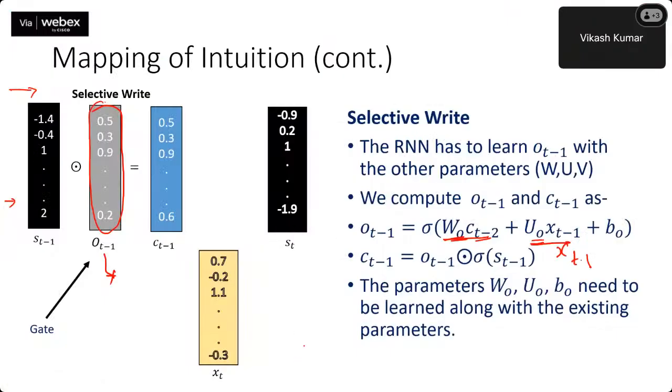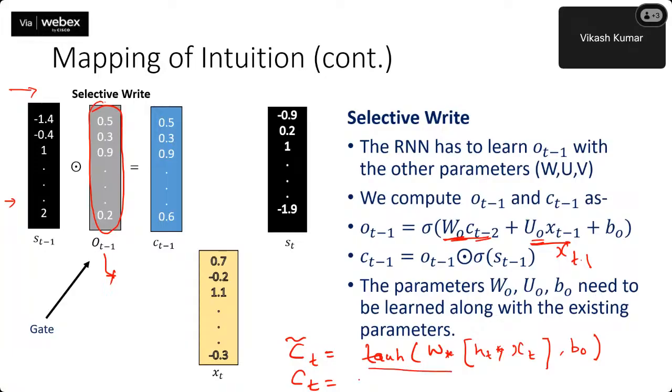So this c t was nothing but this tanh, of some weight, suppose I'm taking the star, multiplied by some h t and your input. And if you have some bias, the final c t was nothing but the output of this one multiplied by some value.